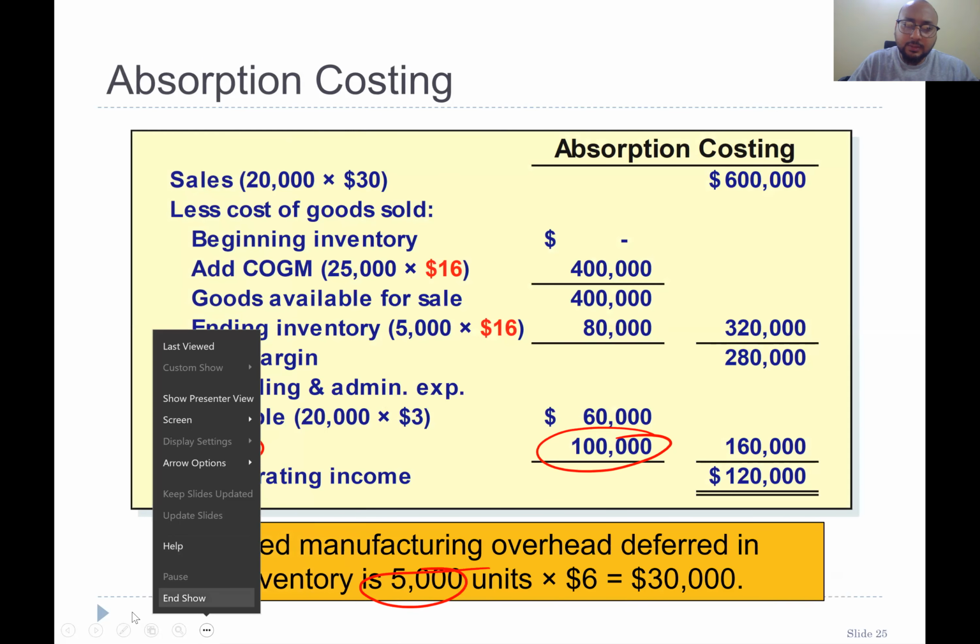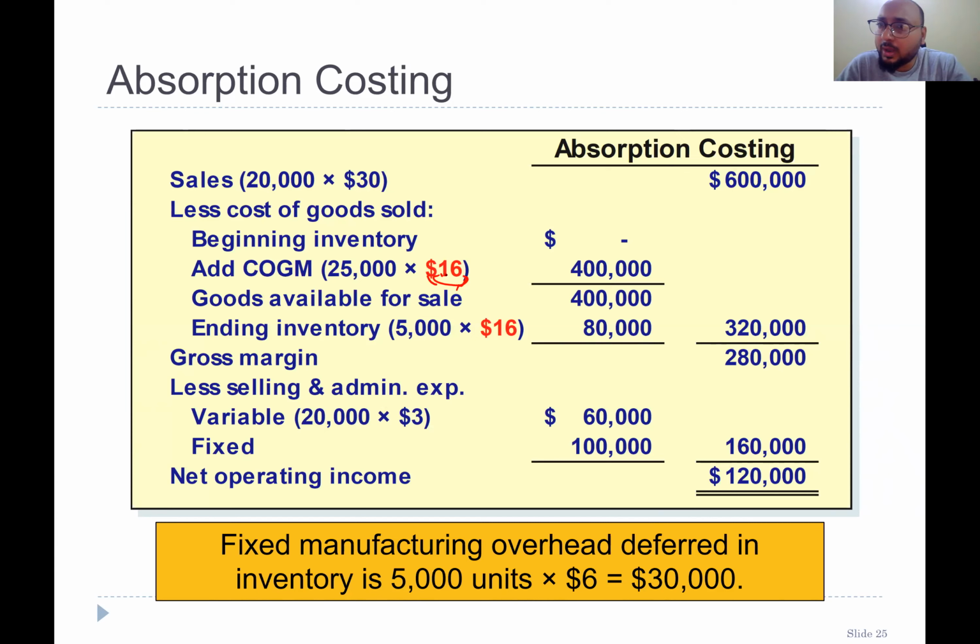Even then we are having high profit. Why? What is the reason? The reason is because of ending inventory. The ending inventory cost difference is, in variable costing it is 10 and in absorption costing it is 16.